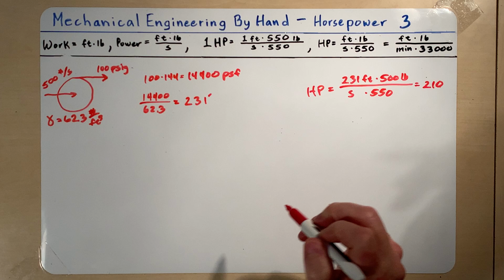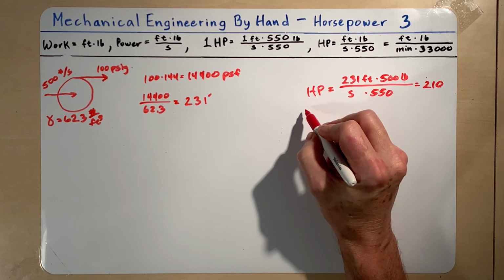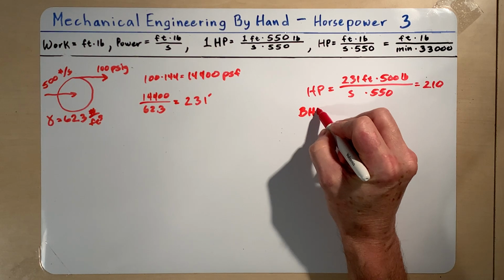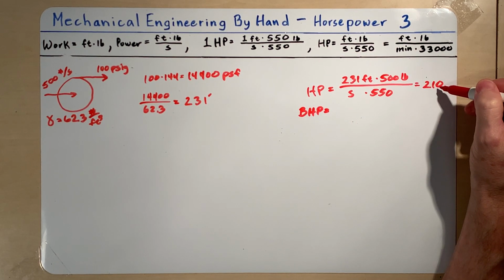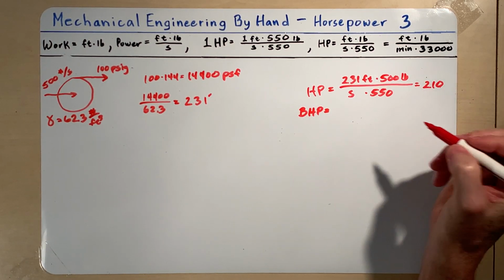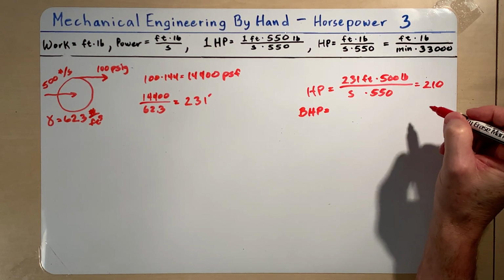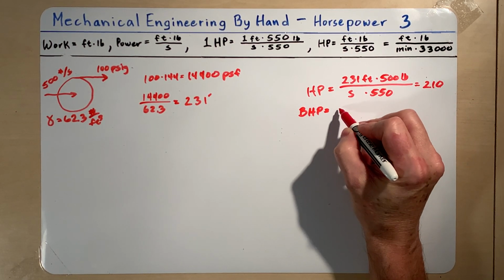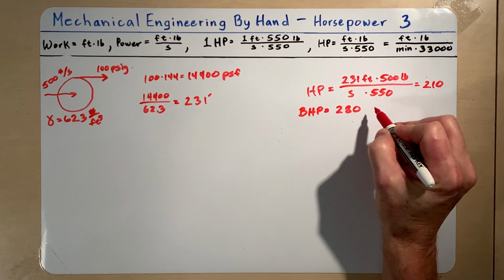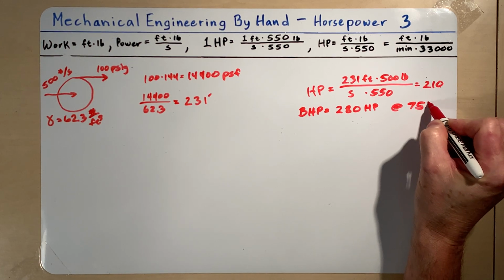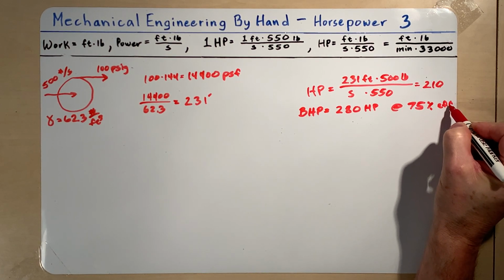And typically with a pump you need to find the brake horsepower, which is this hydraulic horsepower divided by the efficiency. So let's just say this pump is 75% efficient. So 210 divided by 0.75 is 280 horsepower at 75% efficiency.